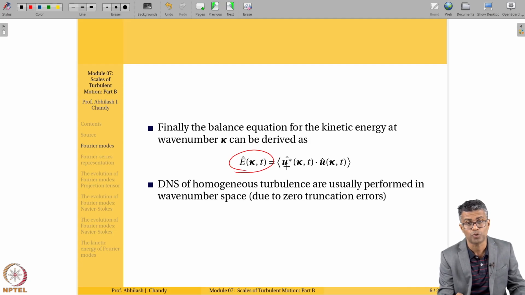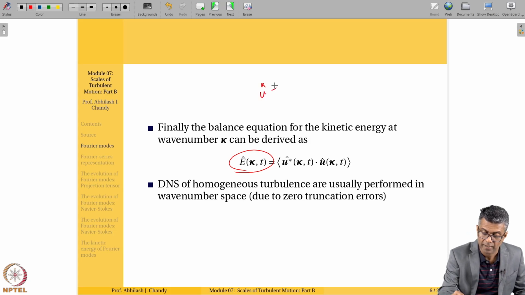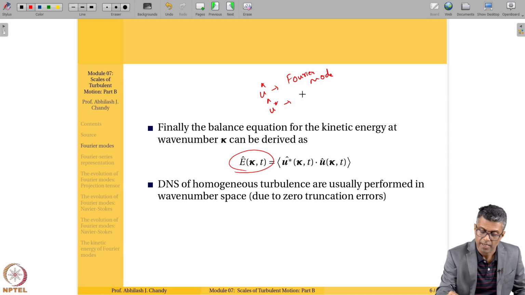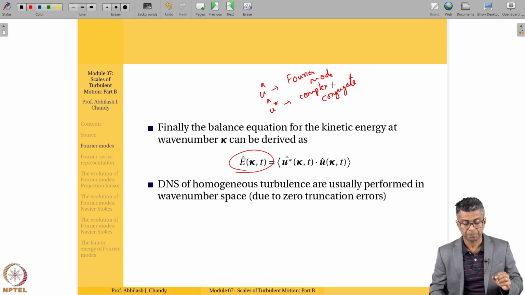So remember, u hat is the Fourier mode, and u star hat is the complex conjugate. Anything with a hat on top is the Fourier mode, and star represents that it is a complex conjugate.